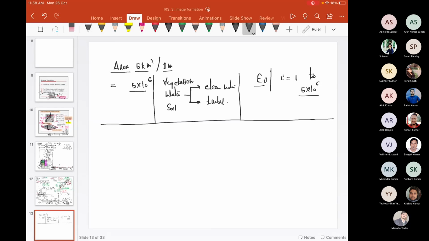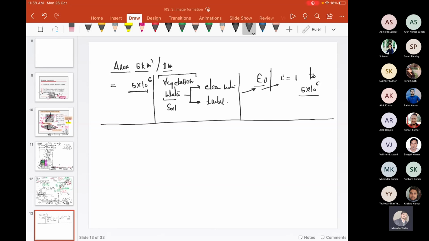Because if you want to store each and every energy component, we have 5 into 10 to the power 6 ground resolution cells. All these energy components are different. I have already discussed that energy components from the vegetation are different, but the variation could be very small.